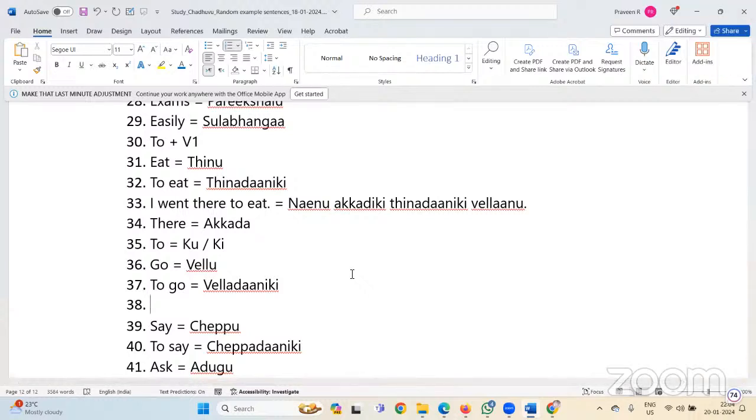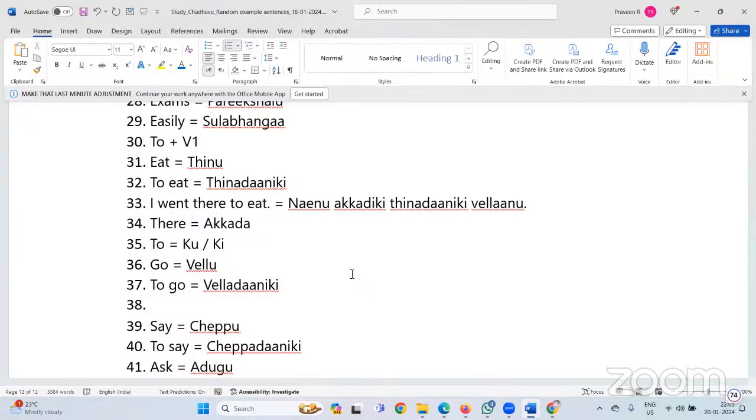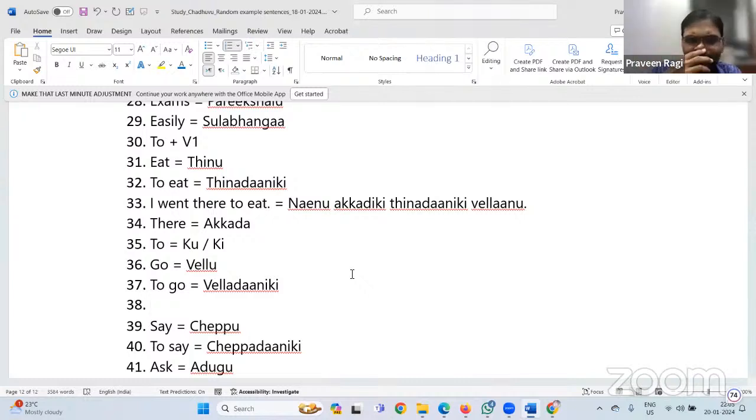I used a car for traveling to Visakhapatnam. So actually, in this pattern, we need some kind of reason. For example, Praveen garu, you can also help me, but the previous sentence may not match with this pattern. There should be a reason. So వెళ్ళడానికి.